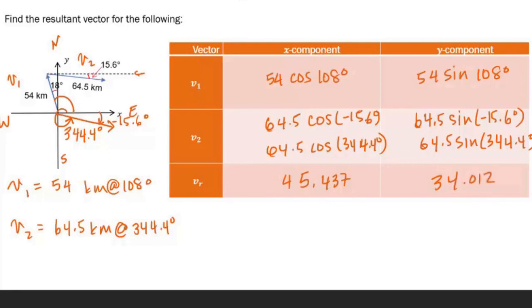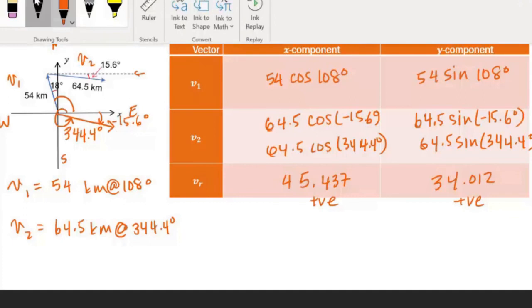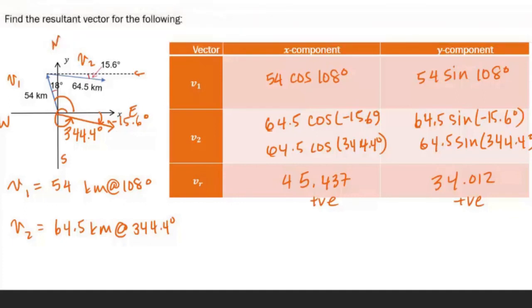Based just on the components, the fact that the x component is positive and the y component is positive, I know that my resultant is in quadrant 1. But here it's very easy to tell this from the picture as well. I can see, because I only have these two vectors and they're already drawn tip to tail, they're set up to use the polygon method for adding vectors. My resultant looks like this. So I know it's going to be in quadrant 1.